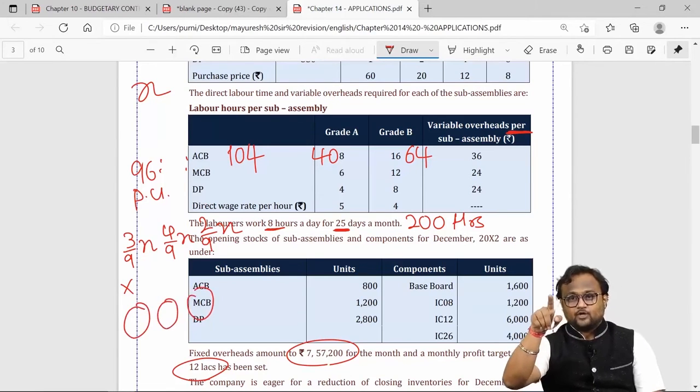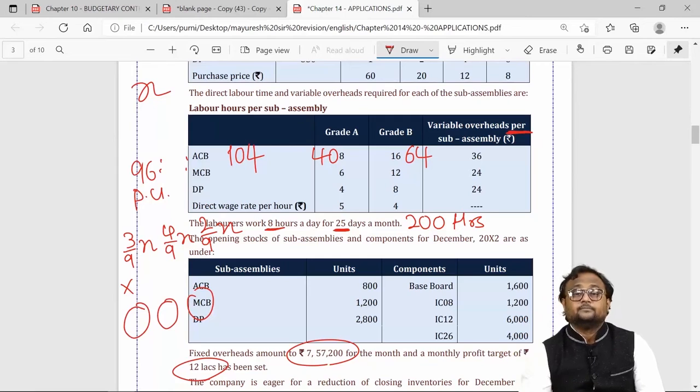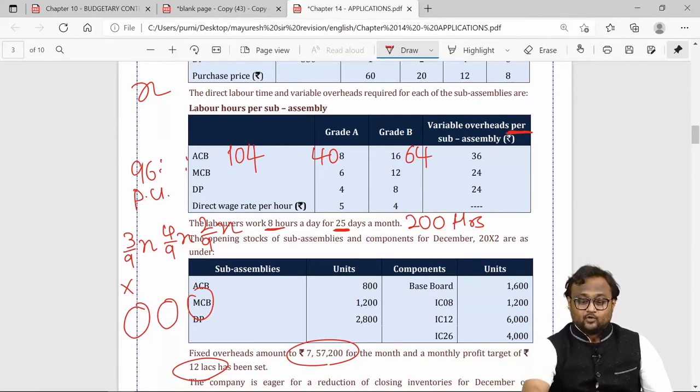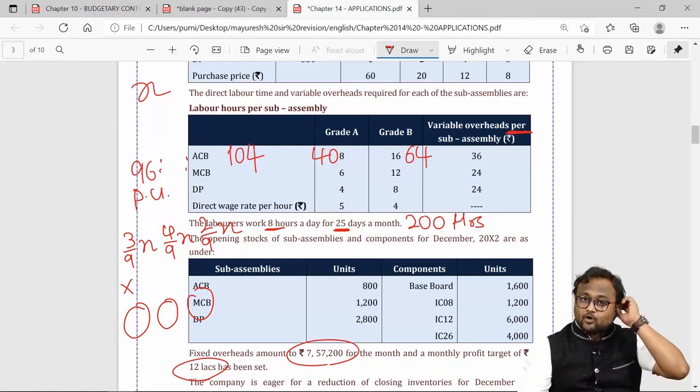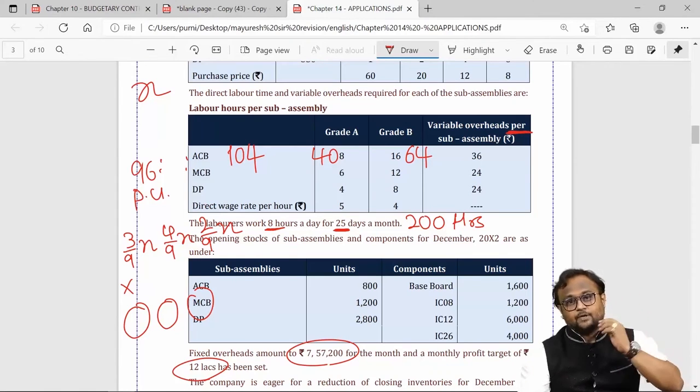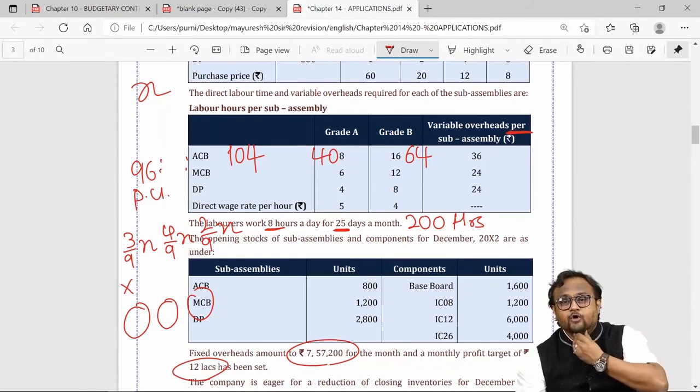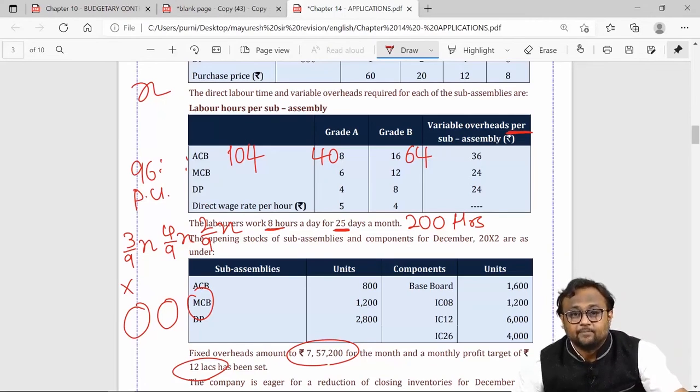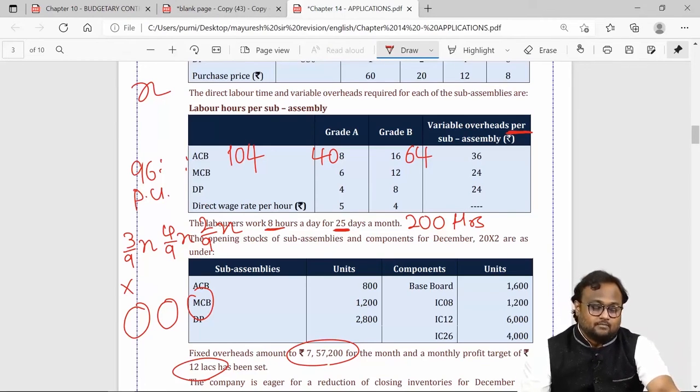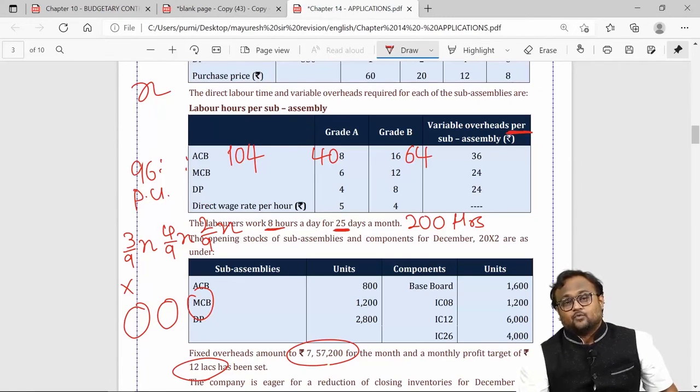You already have individual contribution per unit with you, multiplied by quantity of ACB, MCB and DP.